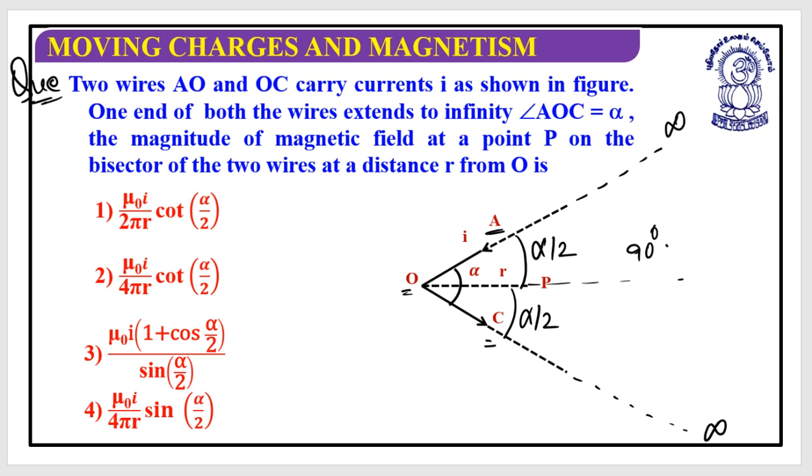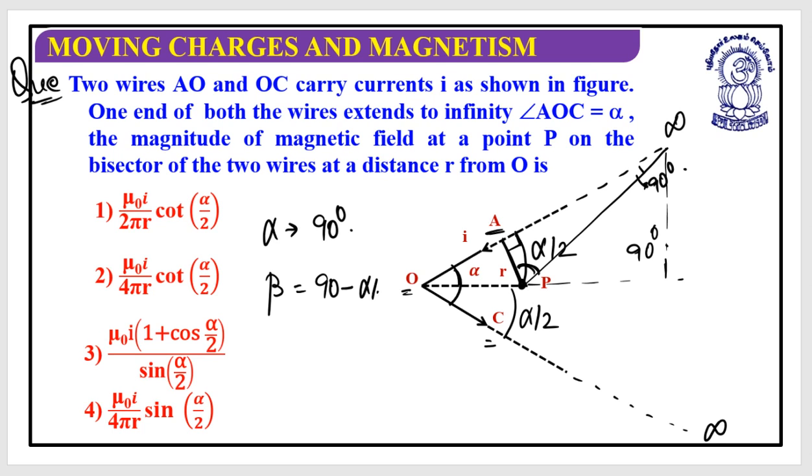On one of the sides the angle would be 90, as this is the point where it is going to be infinite, so this is 90 I'm talking about. The other angle would be equal to 90 minus alpha by 2. So your beta should be equal to 90 minus alpha by 2. I hope this is clear, the first part.